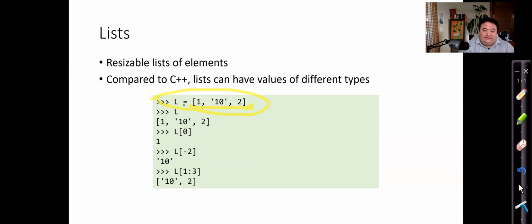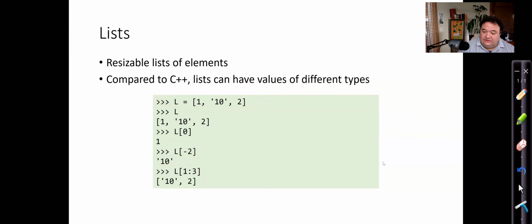Here I can assign a list to a variable, so the value of the variable is the list itself. We can use the addressing operator with the square brackets to select one particular element, and we can also do it backward from the end. So the element of index -1 is the last one, and -2 is the one before that. Or we can address a subsequence in the list, the way you see here.